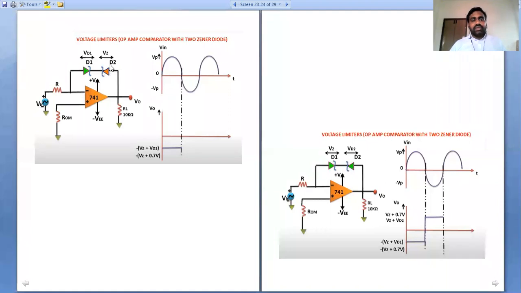At that condition, D2 will go through avalanche breakdown, a very high amount of negative current will start flowing through the avalanche breakdown, and that creates a negative saturation voltage here.